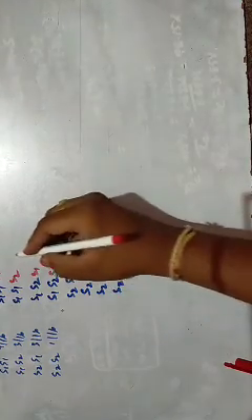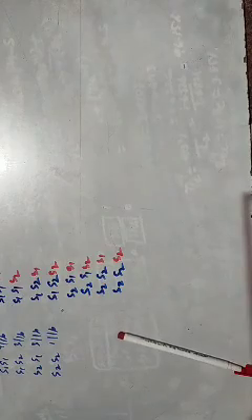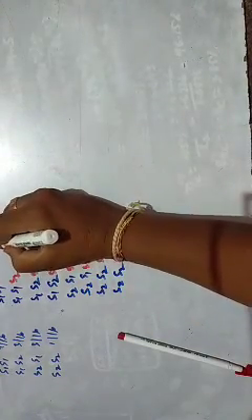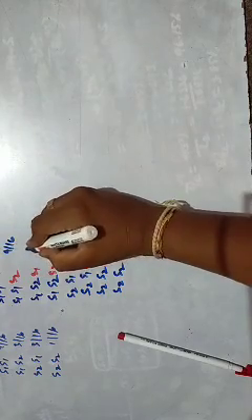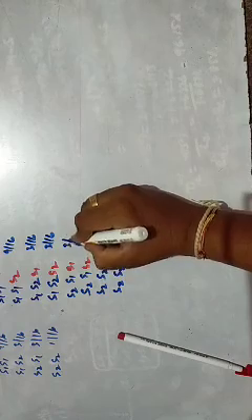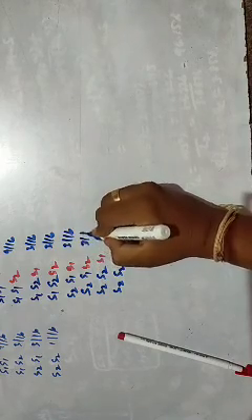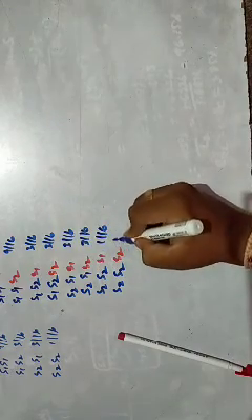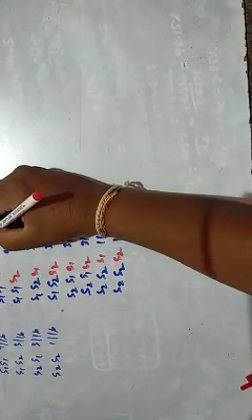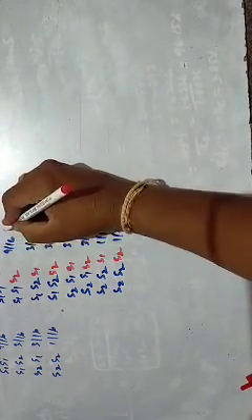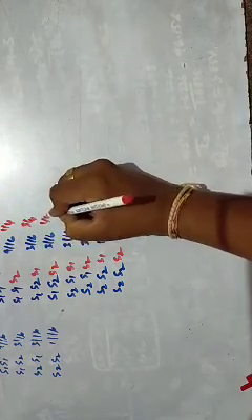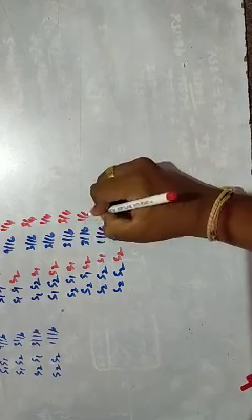See, and we know that we have got S1 as 9 by 16. This is also 9 by 16, 3 by 16, 3 by 16, 3 by 16, 3 by 16, 1 by 16, 1 by 16. Multiplied by S1 means 3 by 4, S2 means 1 by 4: 3 by 4, 1 by 4, 3 by 4.